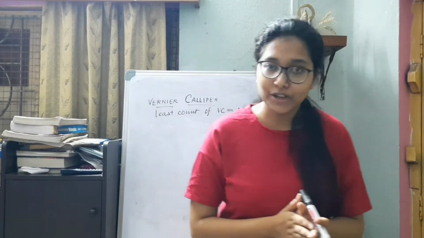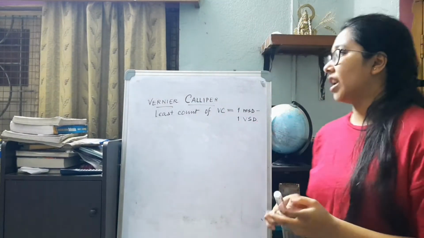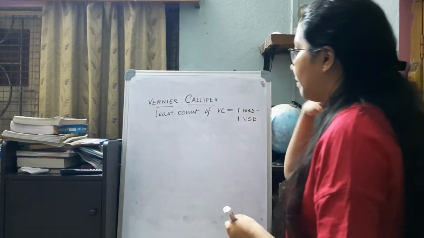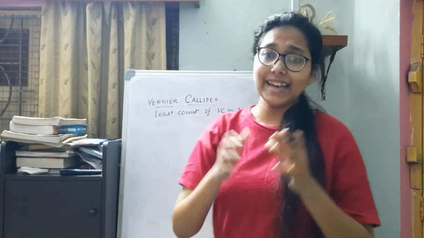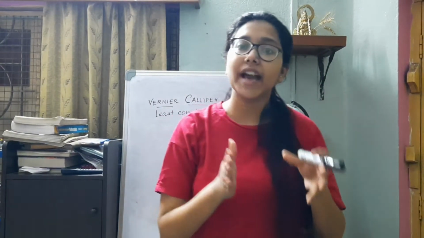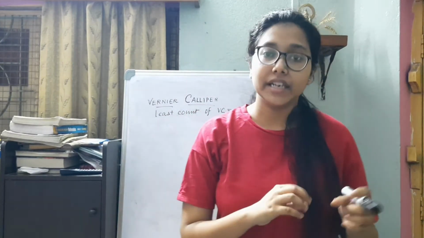So, without any more delay, let's begin. We will be beginning with the vernier caliper. In a vernier caliper, we are able to measure length with much more accuracy and precision as compared to the measurement of length with any meter scale.